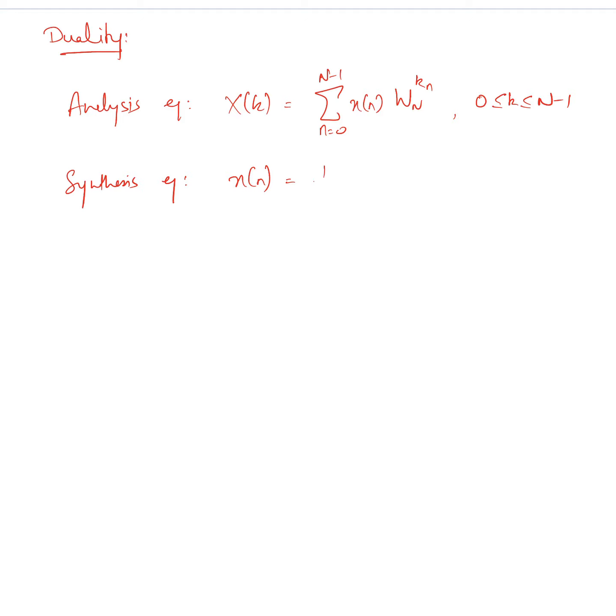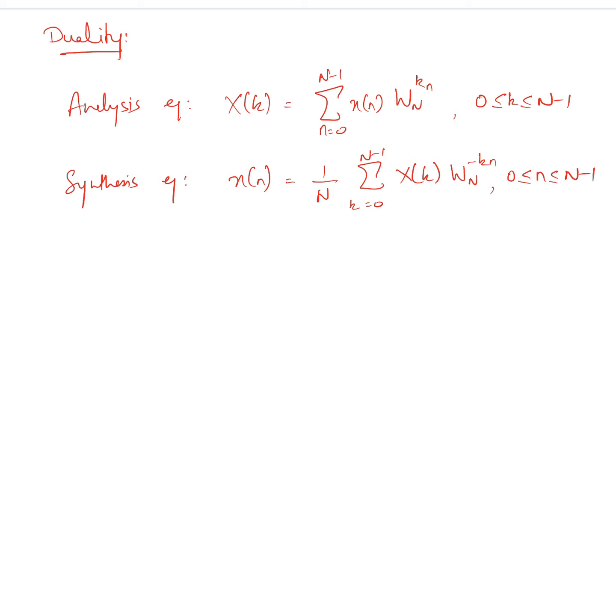is given by 1 by N times summation from k equal to 0 to N minus 1 of X of k times W_N^{-kn}, for n lying between 0 to N minus 1. Okay, so these are the analysis and synthesis equations.